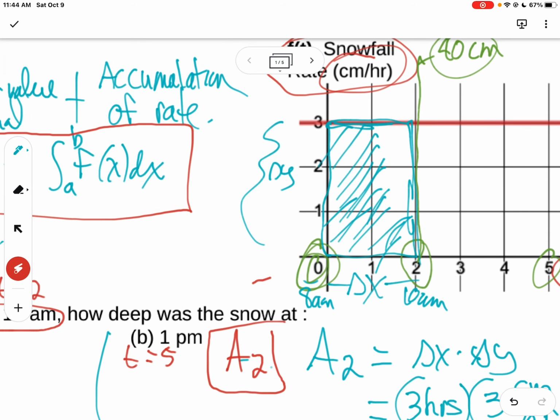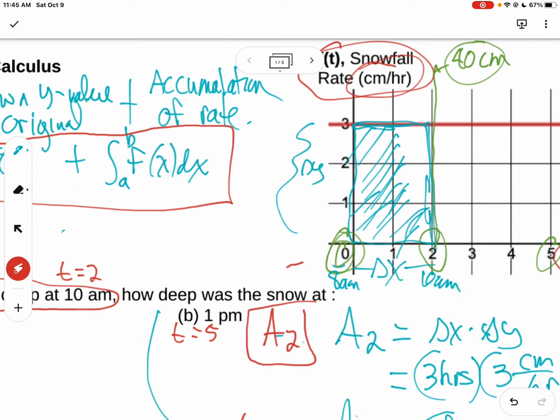When you're working with algebraic functions, things will take care of itself, but when you're working with these diagrams, with pictures like graphs, just graphs without algebra, you really have to be conscious of whether delta x is positive or negative, and whether delta y is positive or negative. So this right here represents our y value. It's not changing, and it's positive. So delta y is definitely positive, but delta x in this case, I'm going from 2 hours to 0 hours, right?